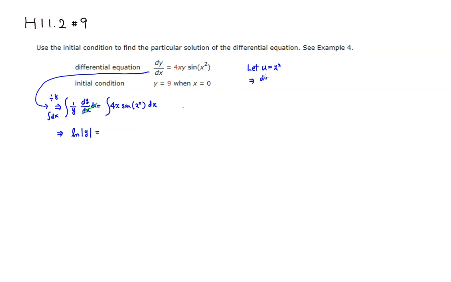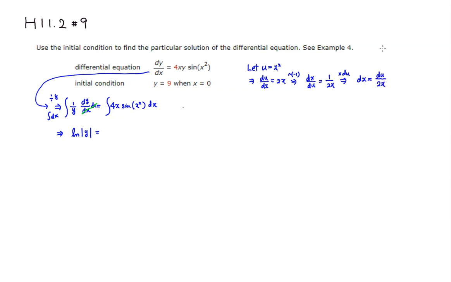Take the derivative of u with respect to x, we get 2x. Take the reciprocal, so dx over du is equal to 1 over 2x. Multiply through by du, so dx is equivalent to du over 2x.